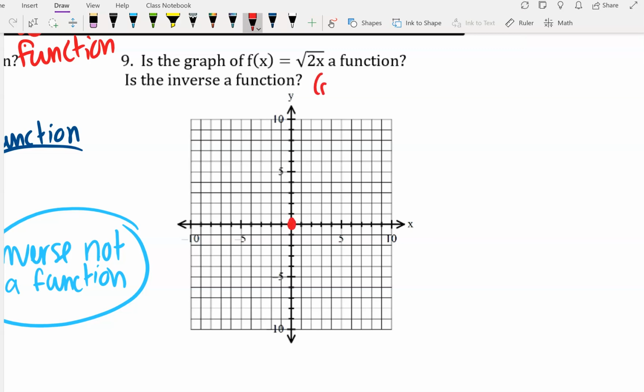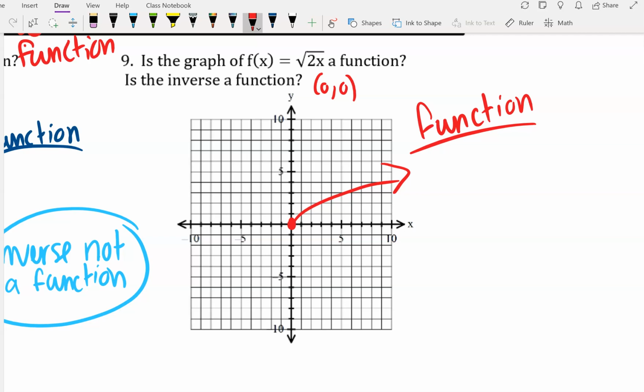The start point is going to be (0, 0), and it's a square root function, so it's going to be like this. There is nowhere on here that I could draw a vertical line and have one vertical line cross more than once. So yes, this is a function.